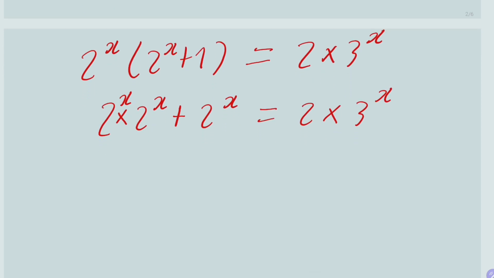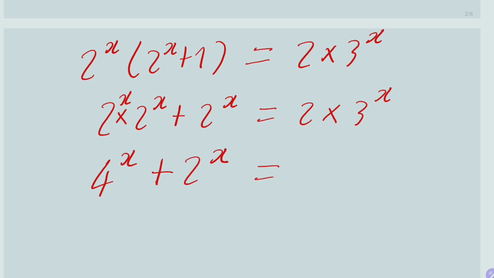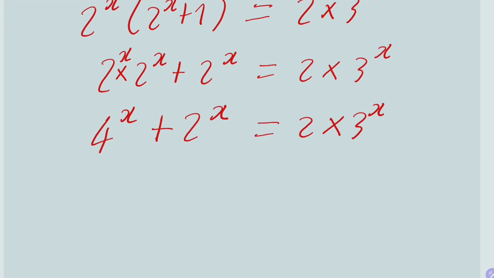So I've opened the bracket, which gives us 4 to the power x. We're going to erase this, which gives us 4 to the power x plus 2 to the power x, which is equal to 2 times 3 to the power x. Now we're going to continue solving this.